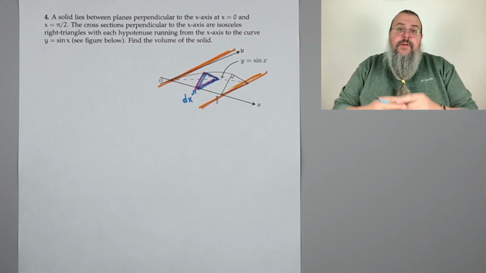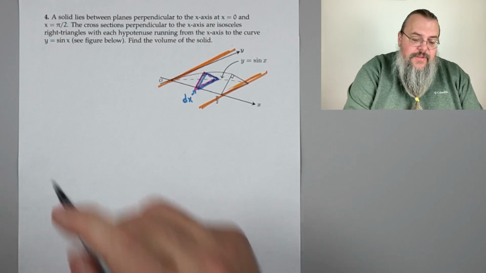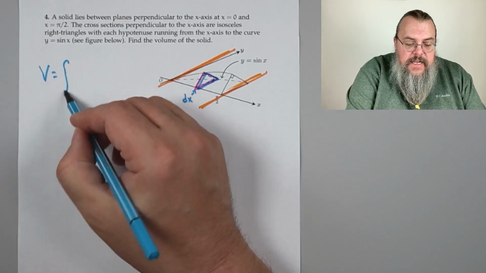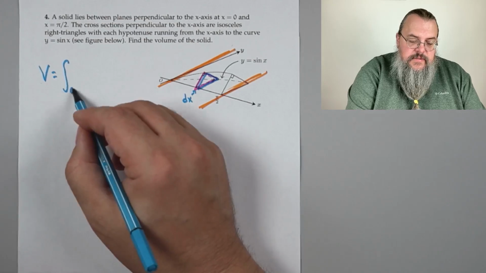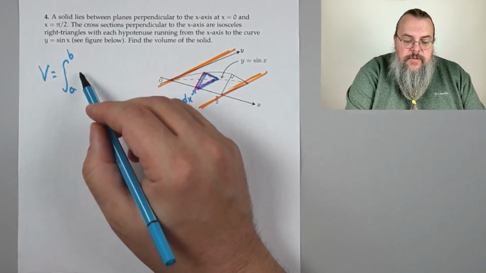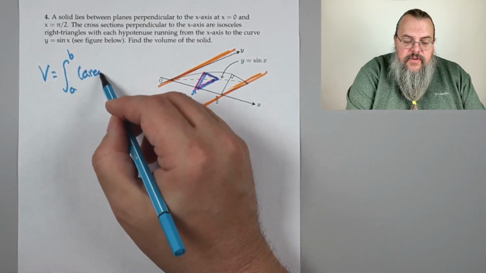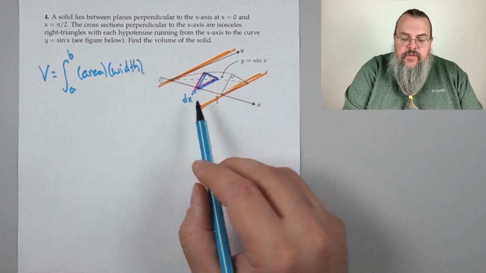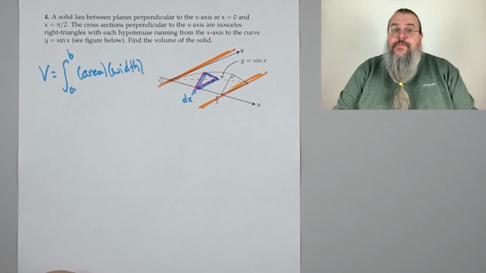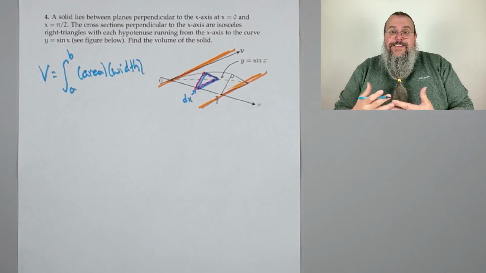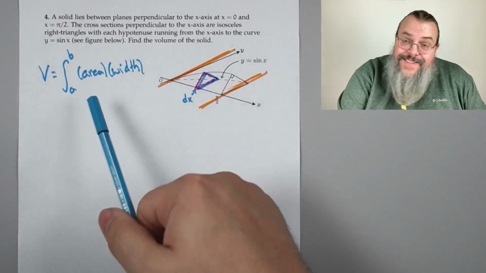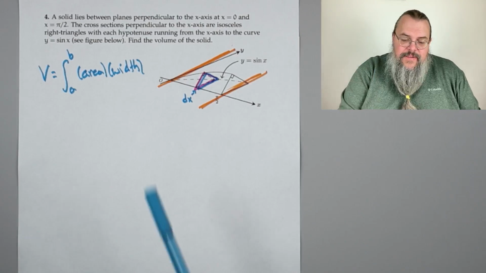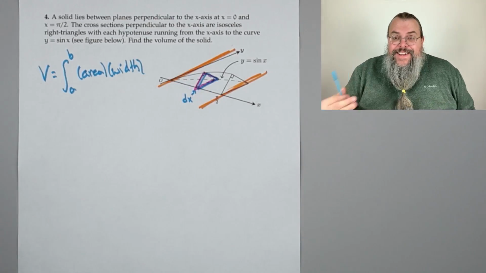So this is one of our basic formulas, namely that our volume is adding up, start to finish, the area of our cross section times our little bit of width. So the width here is our dx. So the hard part about this problem is going to be the area. And then we're actually going to have to integrate because it's not setting up, it's finding.